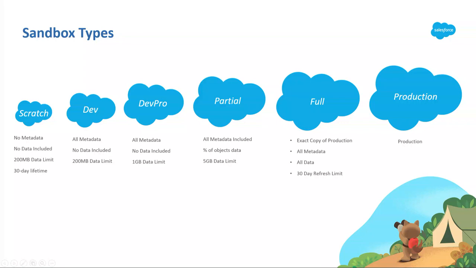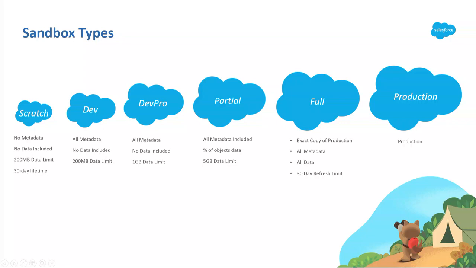Now, starting from the left, we have our Scratch orgs, and while this icon is small, it does pack a very big punch. These sandboxes are ephemeral, meaning that they only have a maximum lifetime of about 30 days before they automatically get destroyed. These sandboxes can easily be spun up or torn down, and they don't come with any sort of metadata or data in them, but using the SFDX CLI, which we'll talk about in a few minutes, we can easily fill them up with whatever metadata we need.